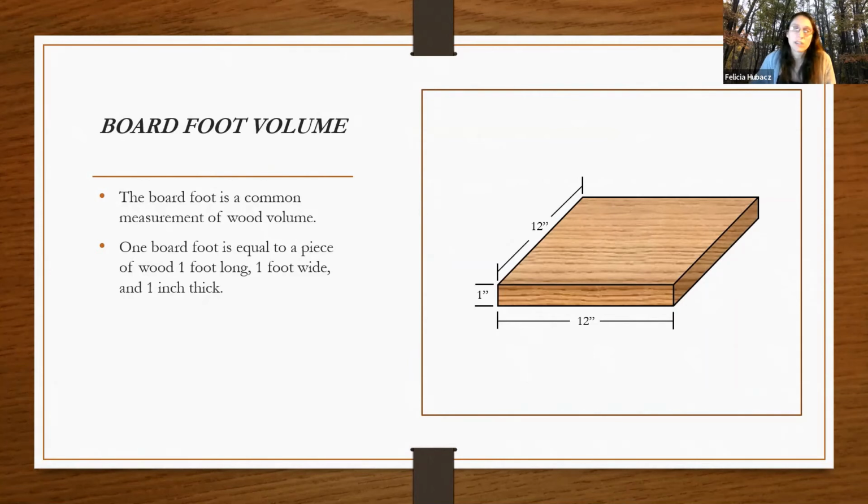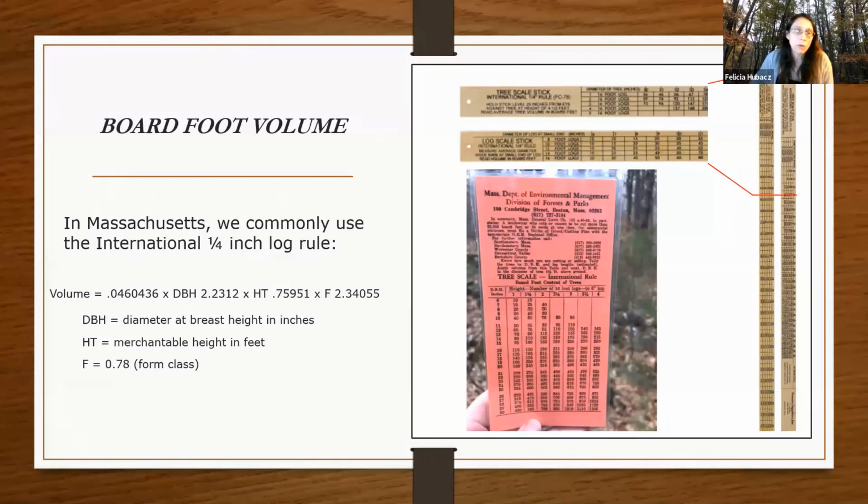And here's just a very simple 1 board foot, and it's 1 foot by 1 foot and an inch wide, sorry. So we want to know how much volume we have in these trees. So like I said, the math's already been done for us, and it's on the Biltmore sticks here.